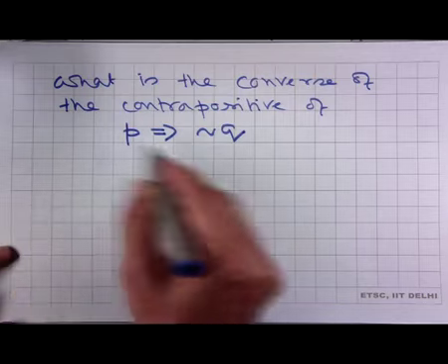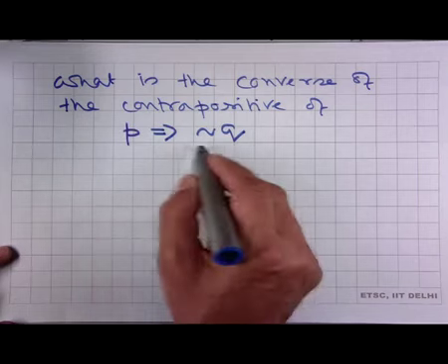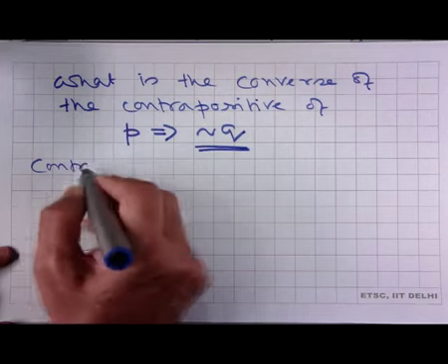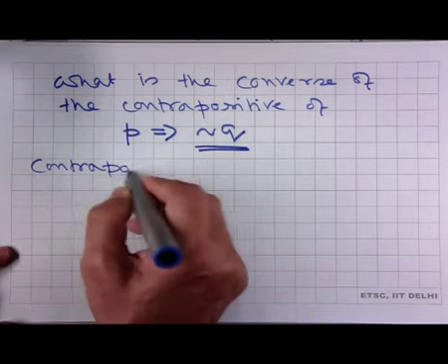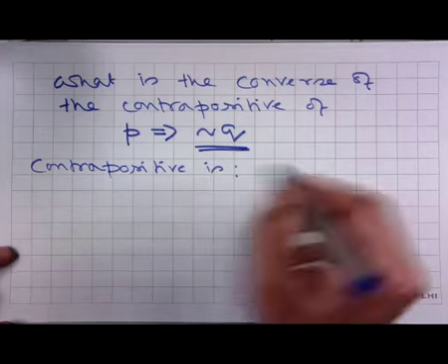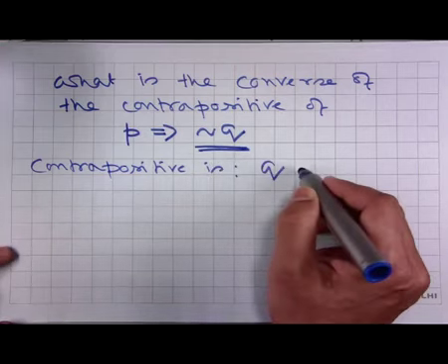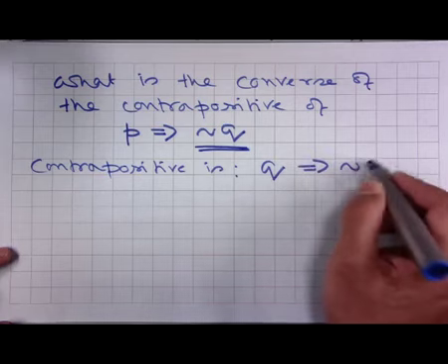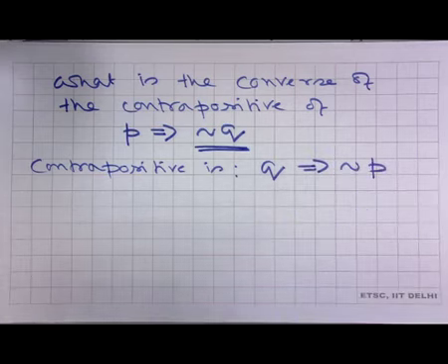Since P implies not Q, its contrapositive is Q implies not P, right?